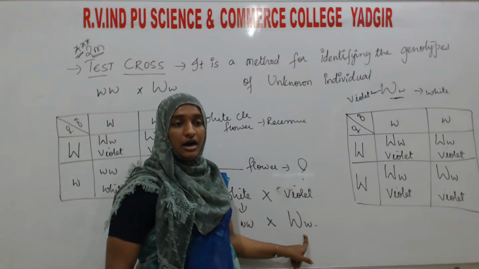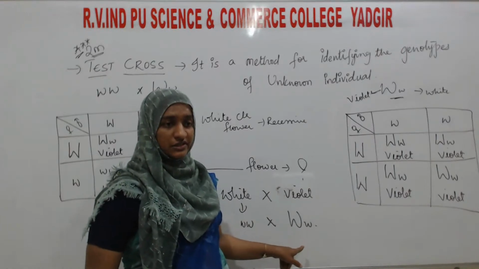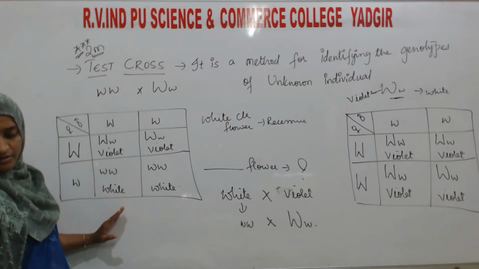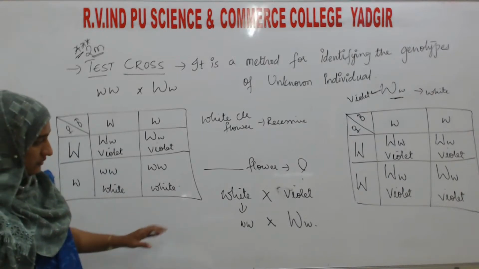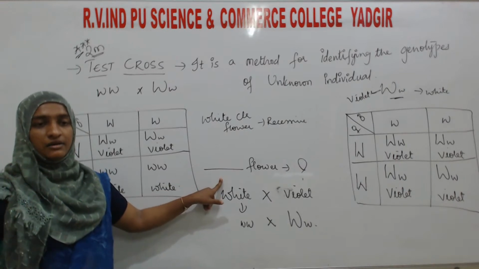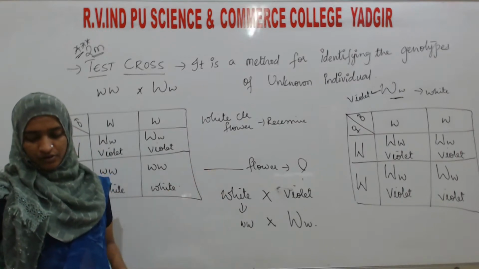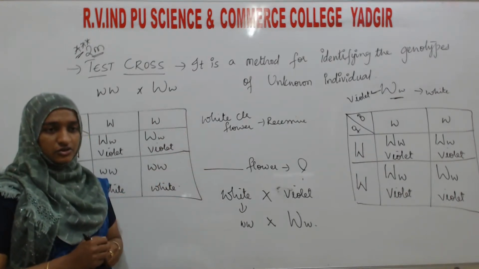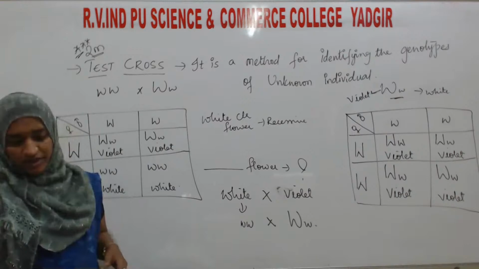These violet flowers are heterozygous, not homozygous. He crossed in this way and got all these offspring. So this flower is the dominant violet color flower. What is the phenotype here? Violet in color. Based on this observation, Mendel described this test cross, which is sometimes asked for 2 marks.